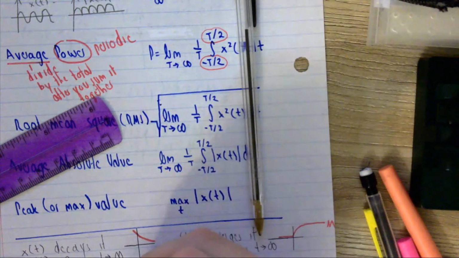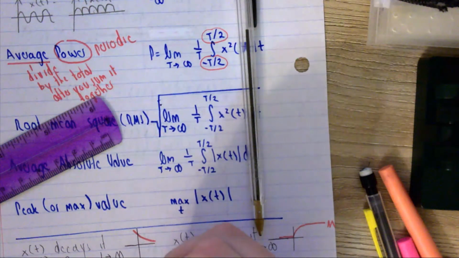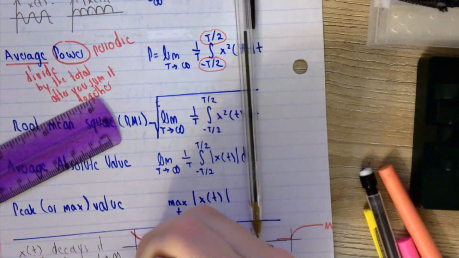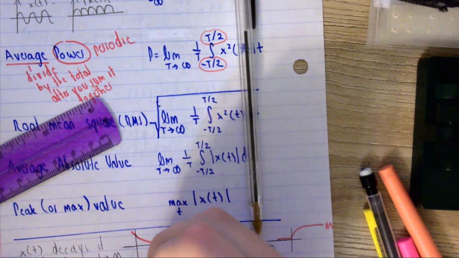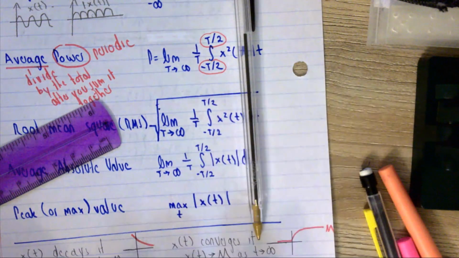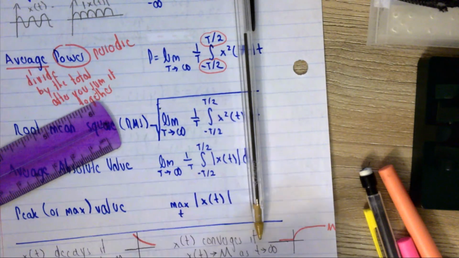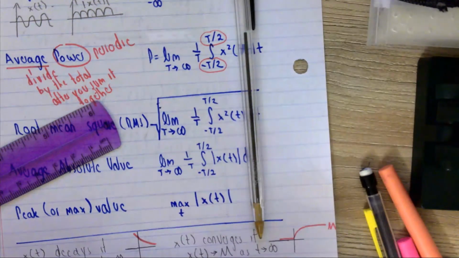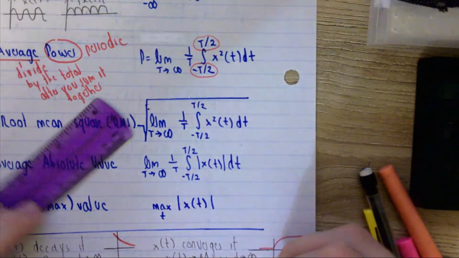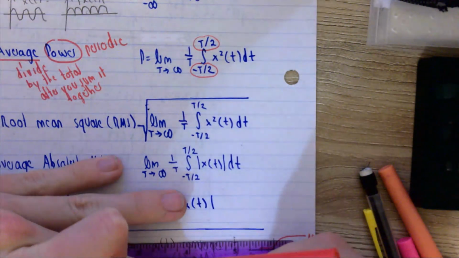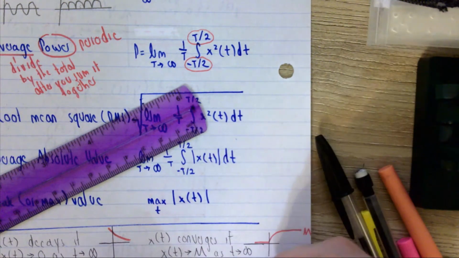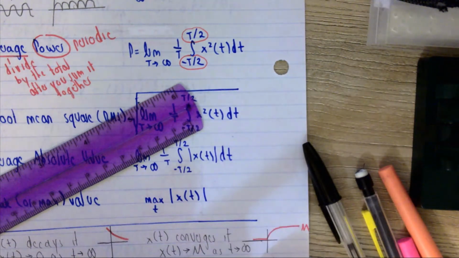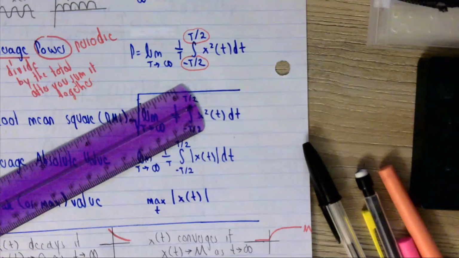Say here, this max value point is less than a constant m. The max value does not ever exceed the absolute value of this. It never exceeds or goes to infinity. But it's unbounded, let's say, if the max value of that signal, look right here, goes all the way to infinity. That is not going to be bounded. It is unbounded.